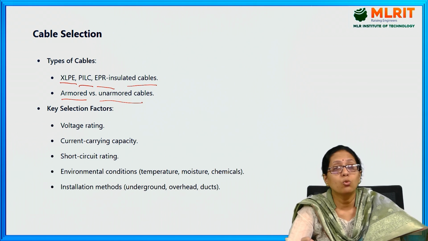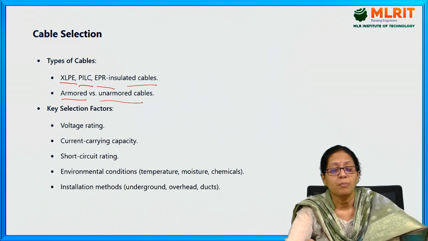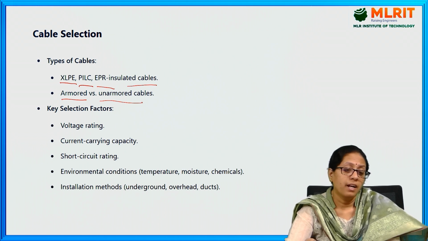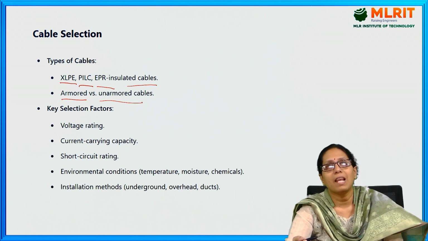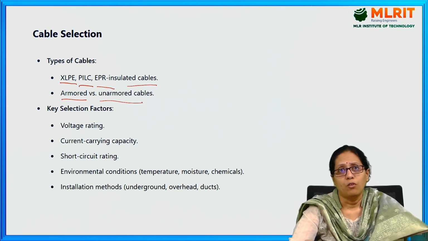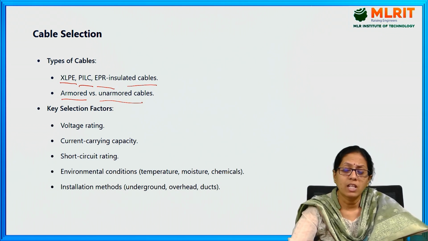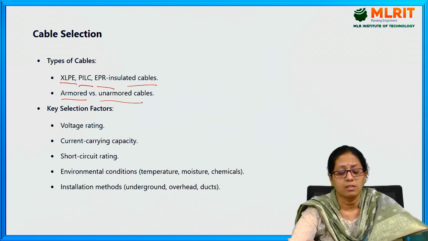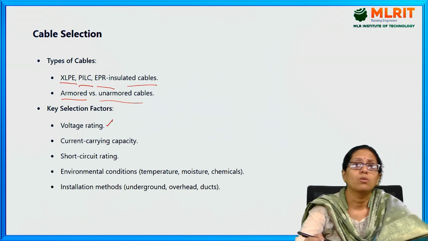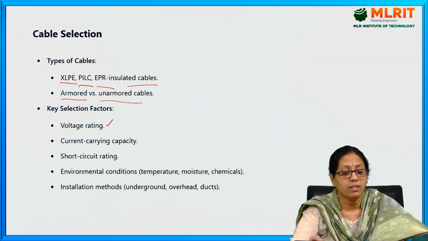So these are the two different types of cables, and there are different selection factors to select a particular cable for connecting to different types of loads, transformers, or circuit breakers. So what are the factors based on which we decide the diameter or the type of the cable? First factor is voltage rating.